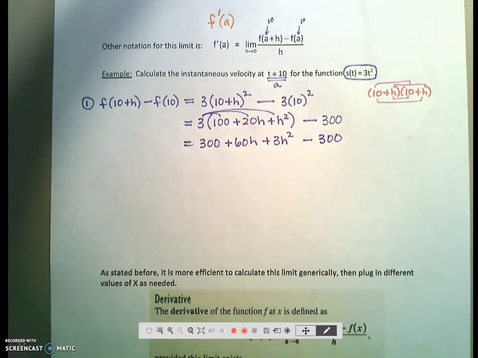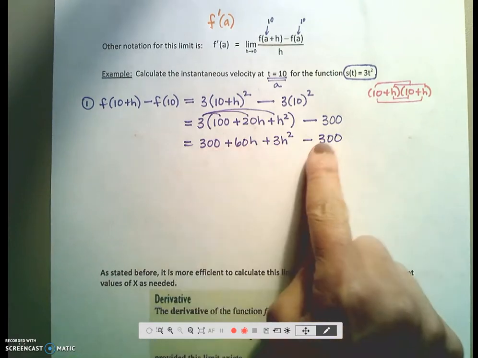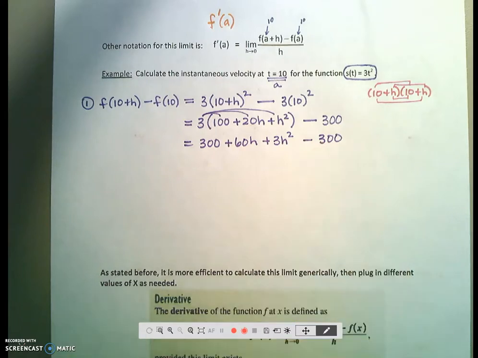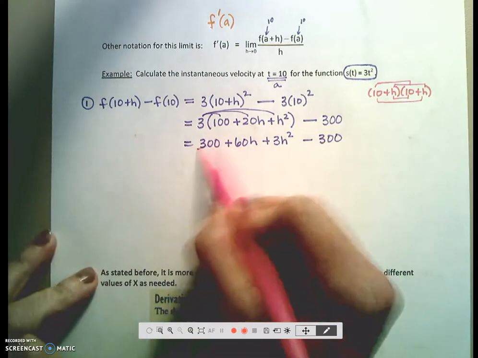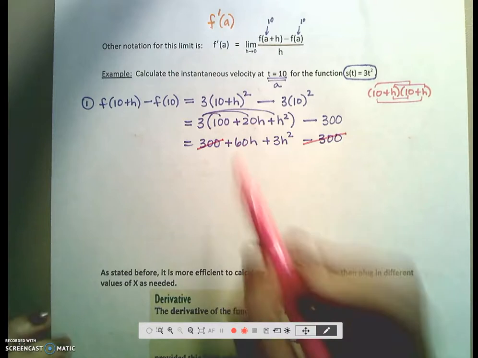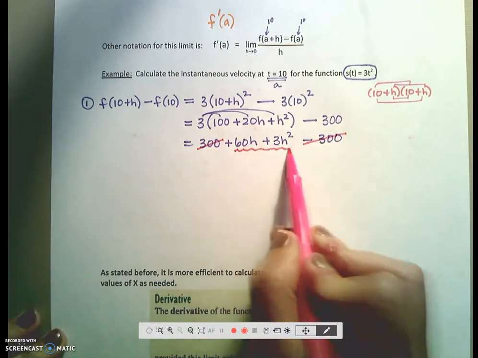And then you want to look across there because almost always something's going to cancel. You'll notice that you have a 300 and then a minus 300, so they add to 0 and they're gone completely. So all you're left with is that guy.